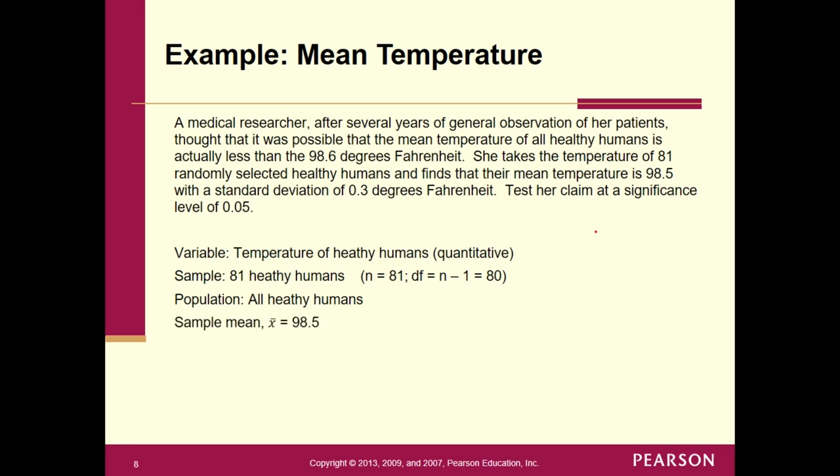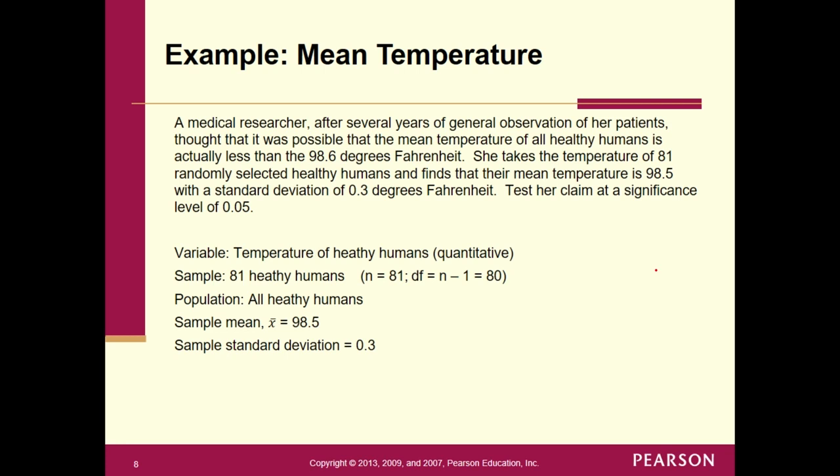Sample mean, what was the sample mean? It was 98.5. And how do we get that? Well, we had the temperature of 81 healthy humans, and we averaged those numbers just like we did in chapter 2 to figure out x bar. We're pretending that we already had that data and we've already calculated the mean, and there's your sample mean, which turned out to be 98.5. How about the sample standard deviation?